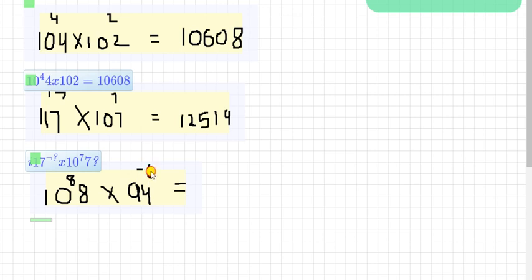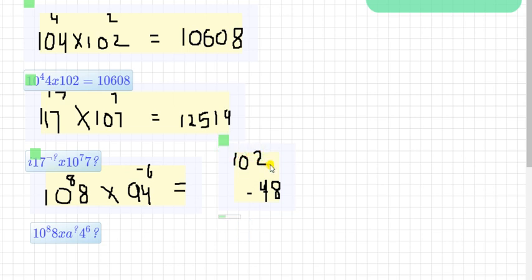So here we are getting one plus number and one minus number. 8 into 6 is 48, but it is minus 48. Then 108 minus 6 is 102. We subtract 48 from 102, so it will be 101, and the answer is 10152.